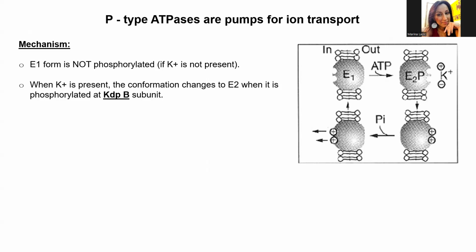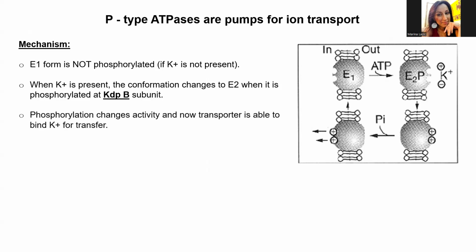If potassium is not present, you will see E1, which is dephosphorylated. When potassium comes in, there will be conformational changes from E1 to E2, and phosphorylation will happen at the KdpB subunit. That B subunit will accept phosphate.